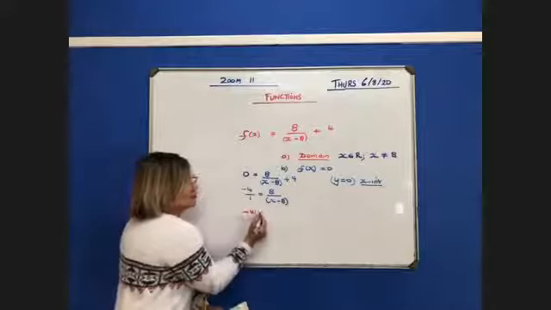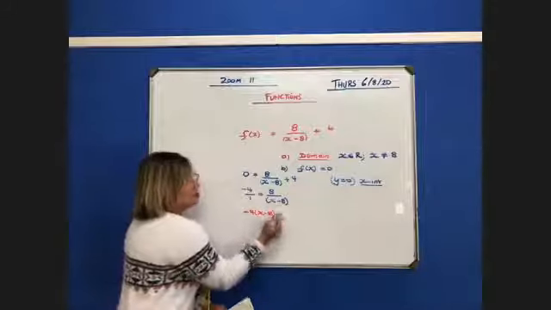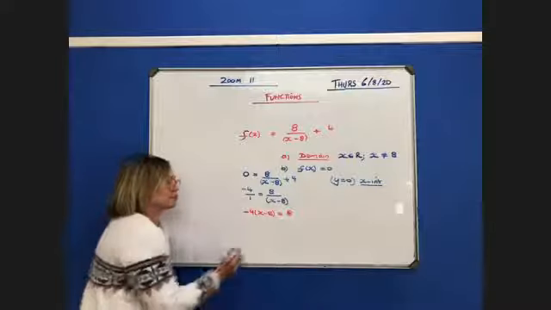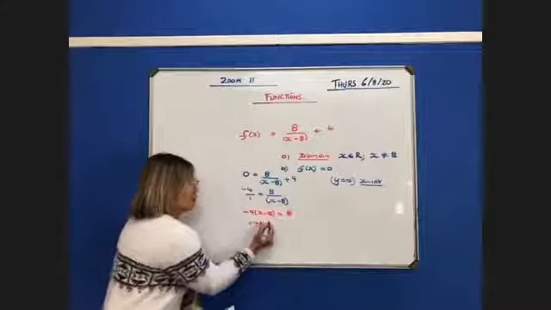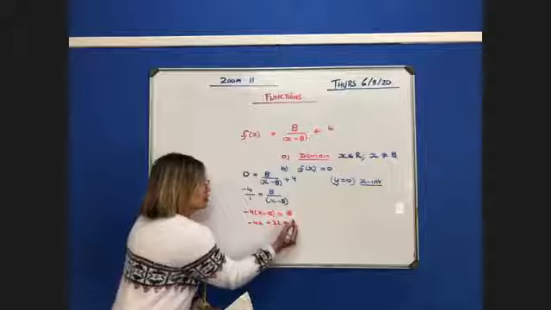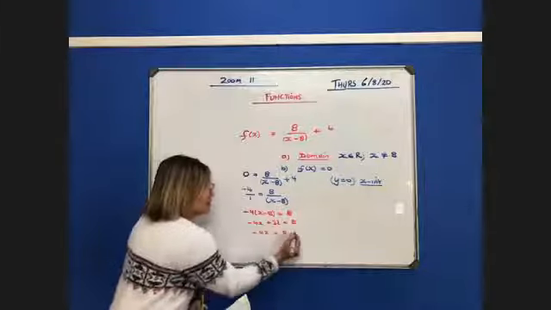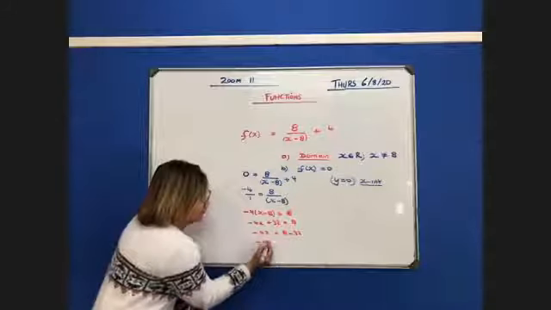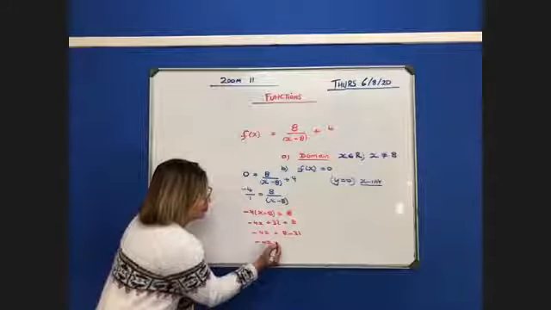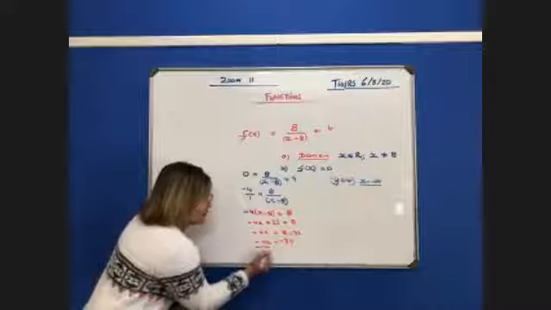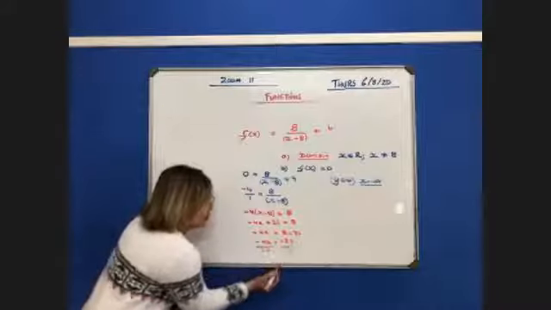So minus 4 times x minus 8 equals just 8. So minus 4x plus 32 equals 8. So minus 4x equals 8 minus 32, which is minus 24, and divide that by minus 4.